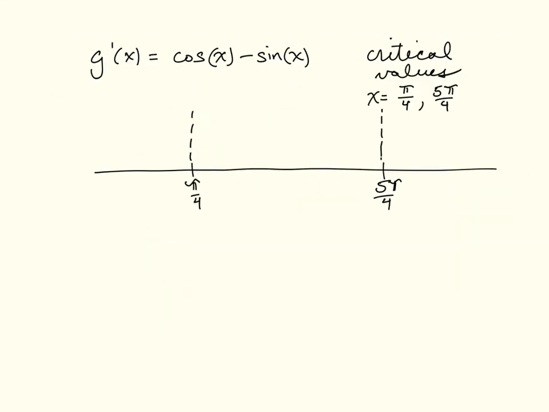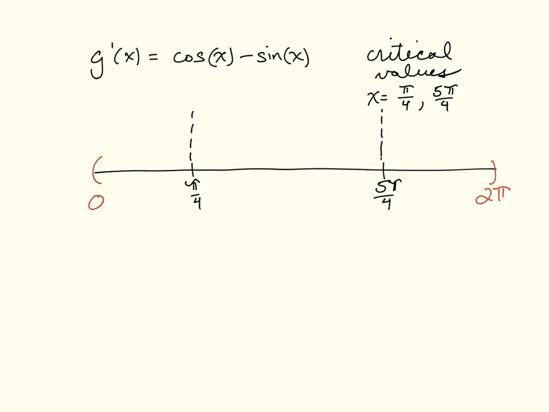On this next page, I have the derivative we found in the last page, and the critical values. And the critical values are already plotted on a number line. One thing I need to say about this number line is that we restricted our interval to start at 0 and end at 2 pi.